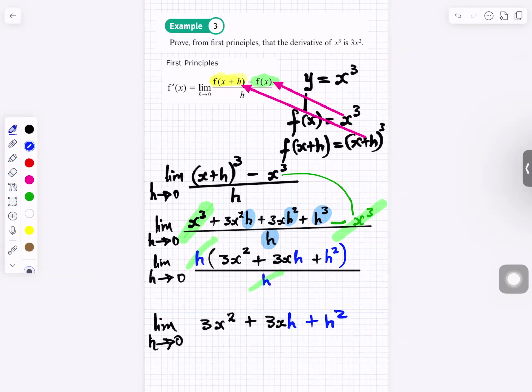Now, since h tends to 0, we can put this h to 0 and this h to 0 there. So your answer would be 3x times 0, so that will make this one 0 and that one 0. So you're left with 3x squared. And that now is your f dash of x.